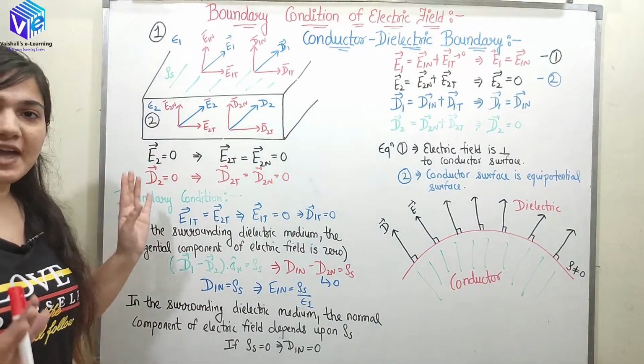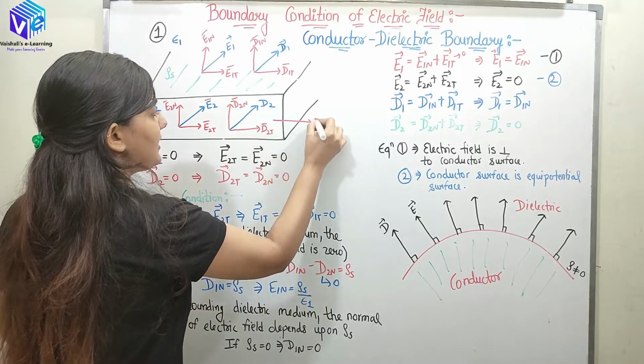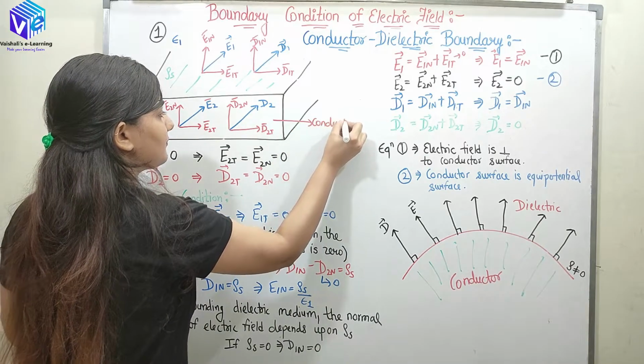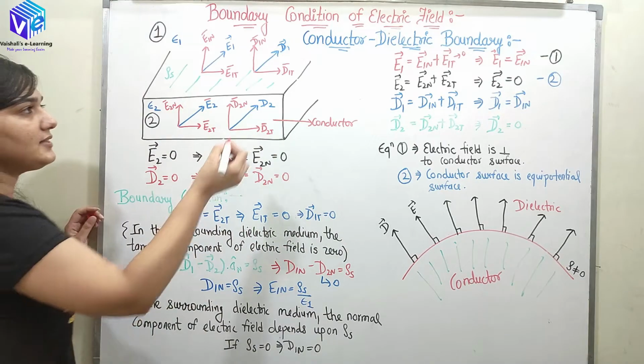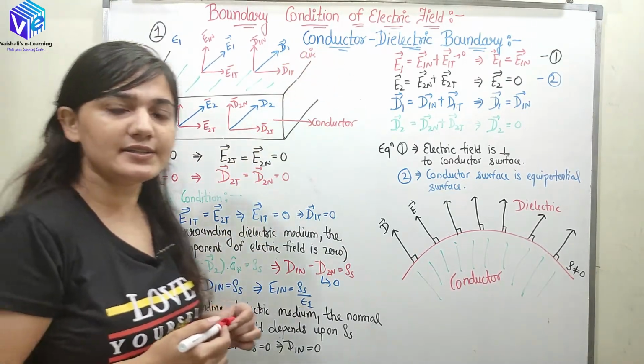So first of all we have a conductor. This is the second medium, which I am calling the conductor, and medium one is air. Let's suppose it is dielectric. We know air is a dielectric.